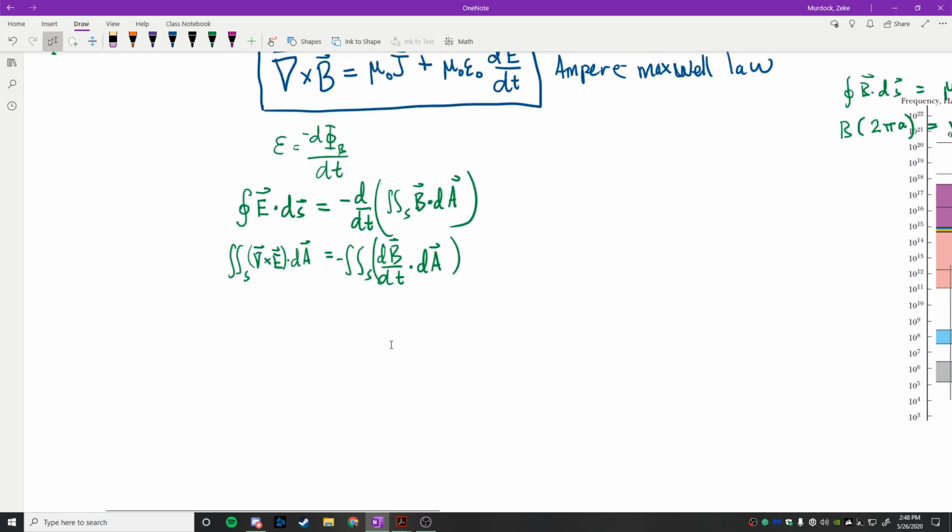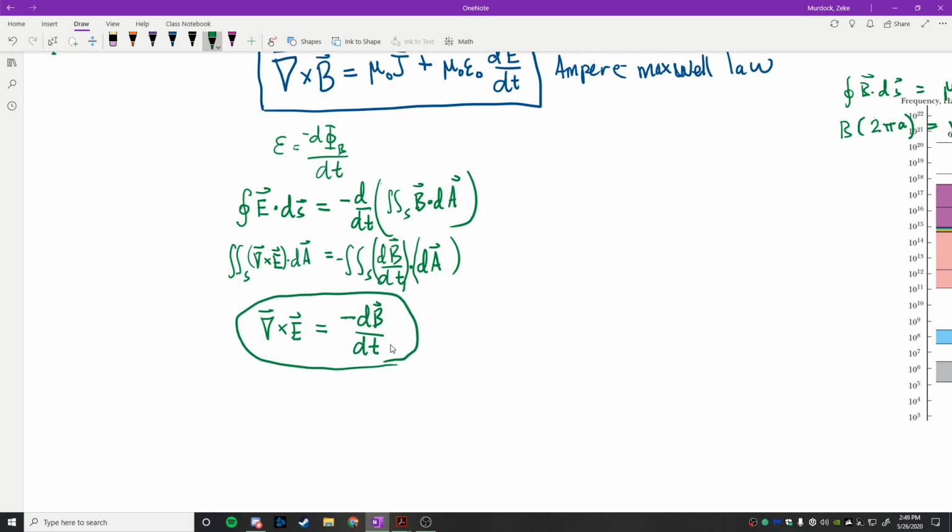This dB/dt and this thing over here are the same. There's a negative sign, so you basically end up saying the curl of the electric field, which represents the circulation per unit area, is equal to the time derivative with a negative sign of the magnetic field. That's Faraday's law.